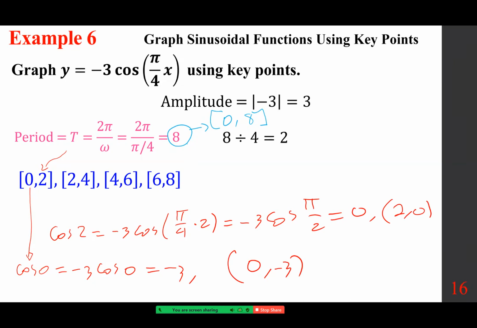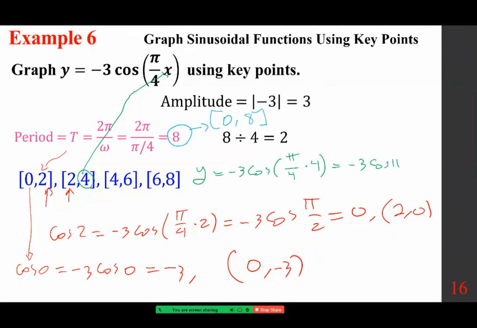Let's do one more. We did a 2, so let's do 4 with a different color. So y equals minus 3 cosine of pi over 4 times 4, which is minus 3 cosine of pi. Now cosine of pi is negative 1, so this becomes positive 3.